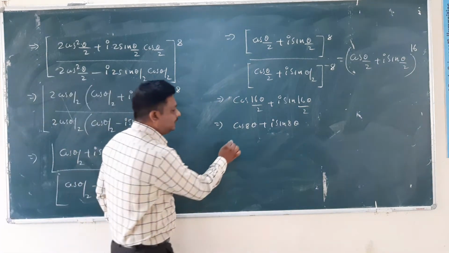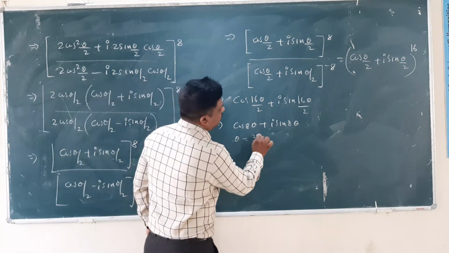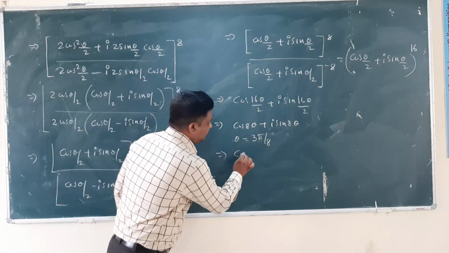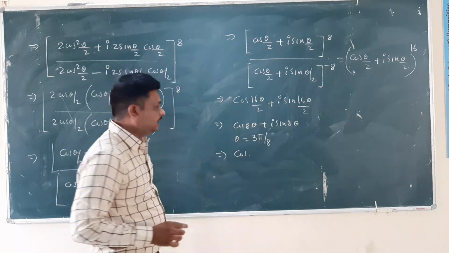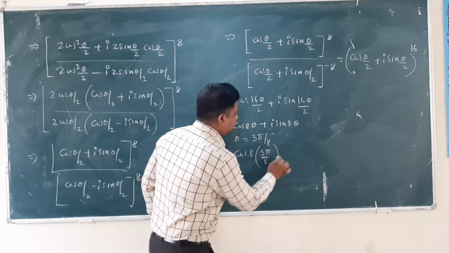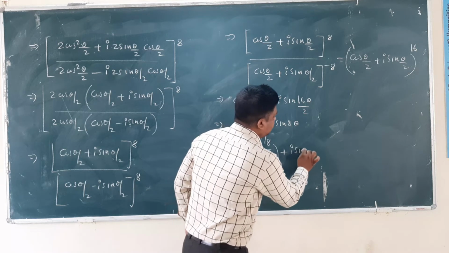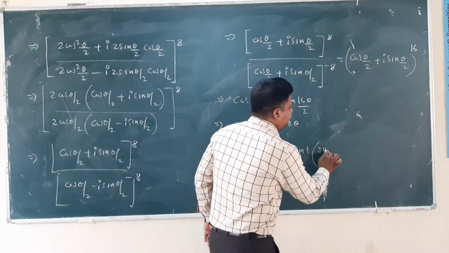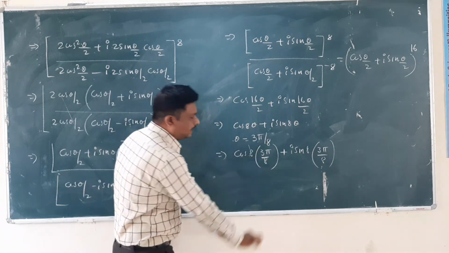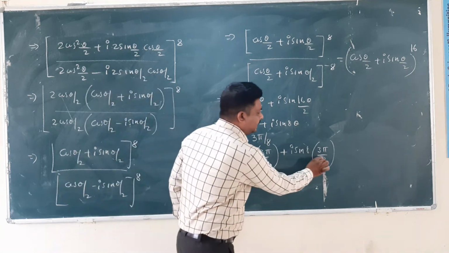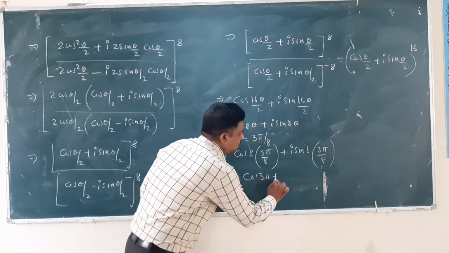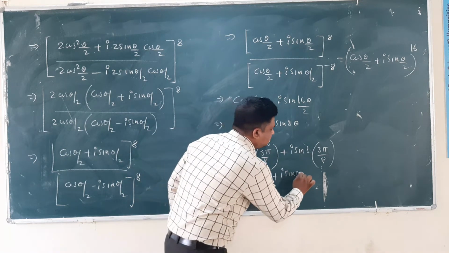Before, I have taken θ equal to 3π/8. So I replace the θ value: cos(8 × 3π/8) + i sin(8 × 3π/8). Here 8 and 8 get cancelled, remaining cos 3π + i sin 3π.